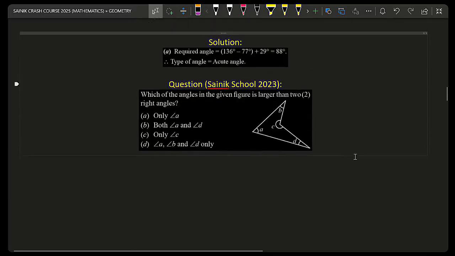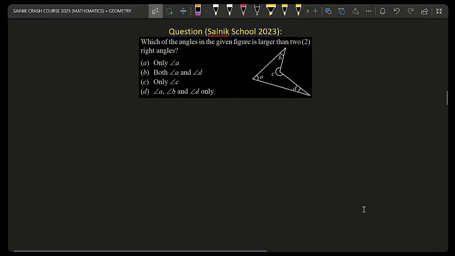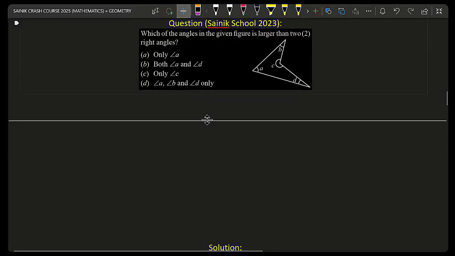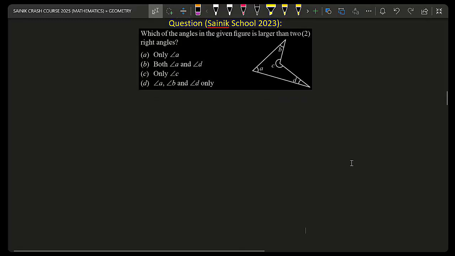Next, in the 2023 exam we got this question: which of the angles in the given figure is larger than two right angles? Simple question. Who is going to answer this?